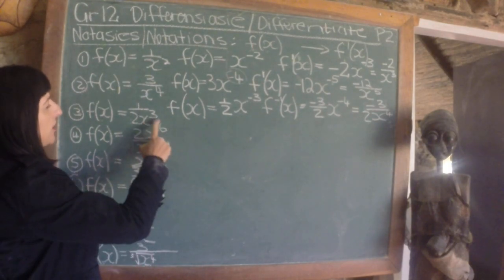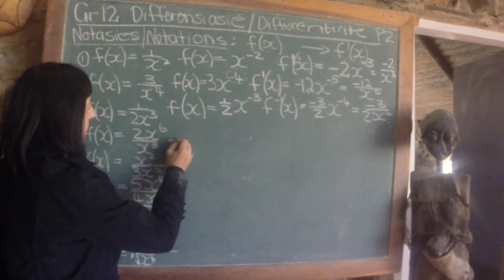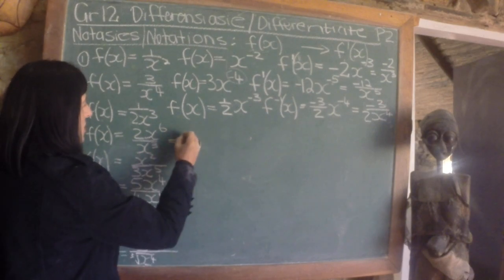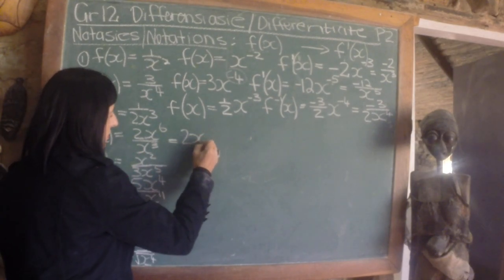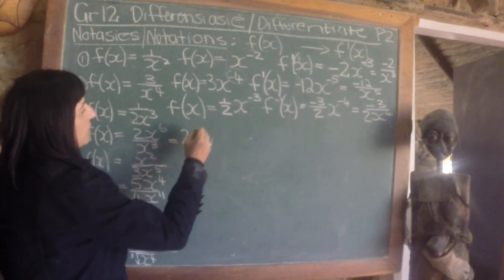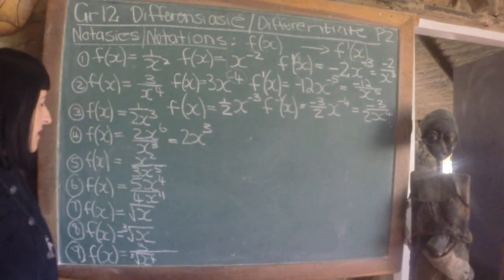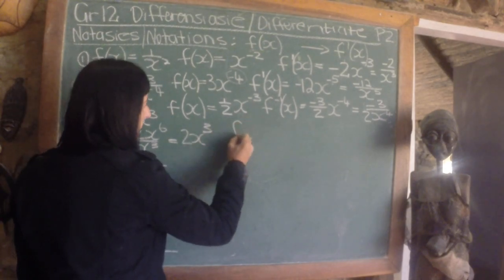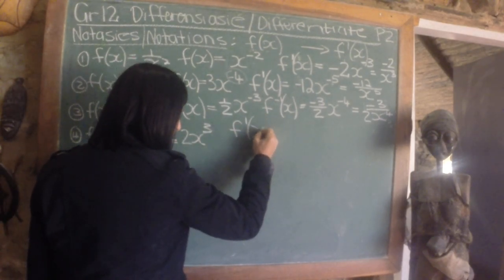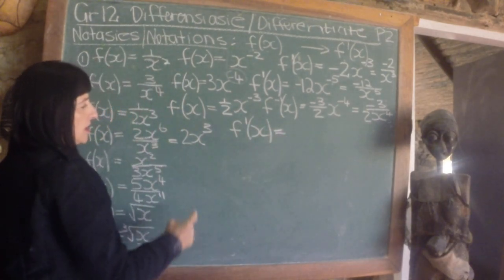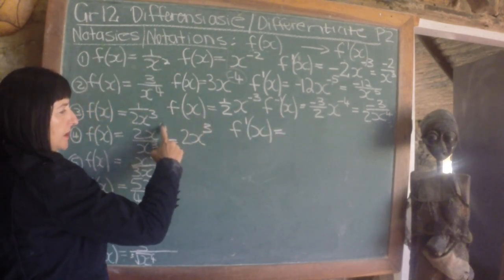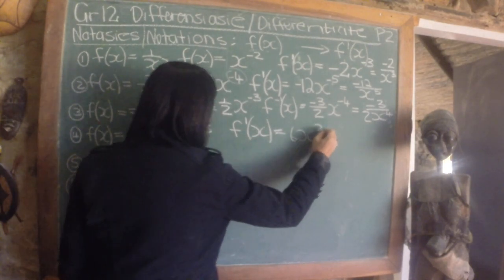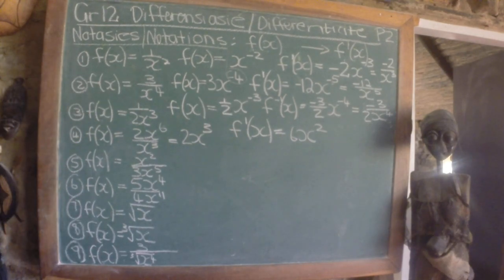Ons kan eksponentwet nommer 2 hier toepas wat sê as ek gaan eers die fx vereenvoudig, so dit word 2x tot die mag, 6 minus 3 word 3. I do exponent law number 2, vereenvoudig, nou is dit baie maklik, f aksent x, ek gaan differentieer, take the 3 to the front, 3 times 2 gives you 6, x, and I minus 1 from the exponent, baie maklik.